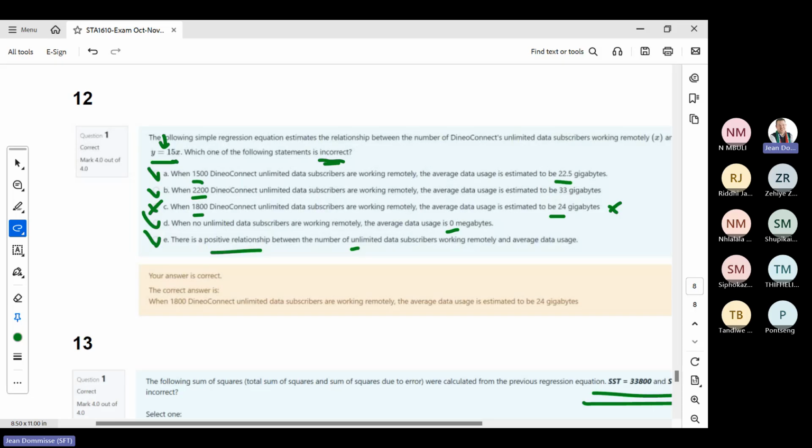We just want to know it's positive because there's a positive in front of the 15. And by just having this information, y is equal to 15x, you can't work out your R or coefficient of correlation or anything like that.